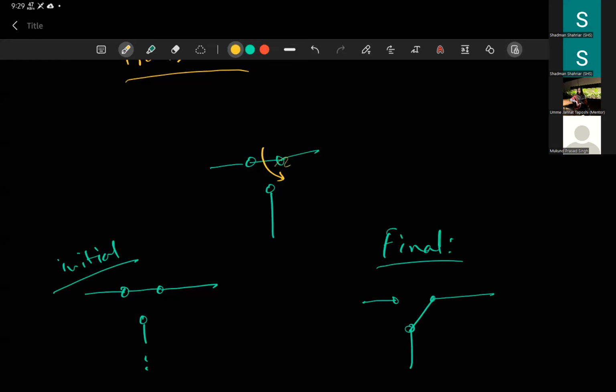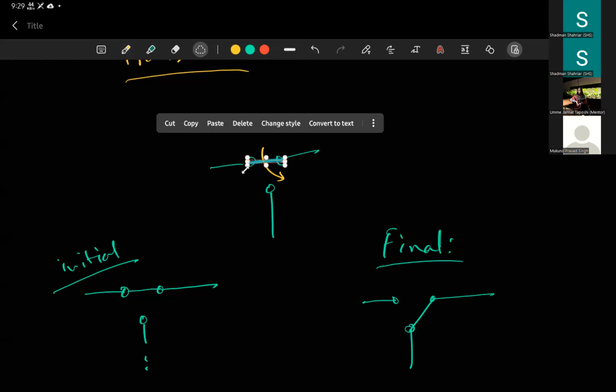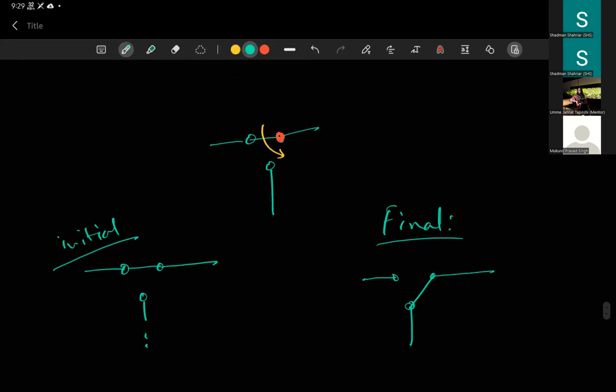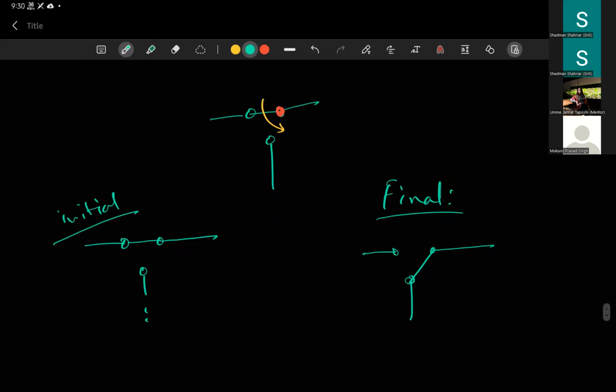If your arrow is moving in this direction, it is like moving a door, hinging on this point. This point is fixed, it is your hinge, and if you rotate it, you reach this point. So this is your final circuit. This could be a given switch in your question. This is nothing too difficult in my opinion.